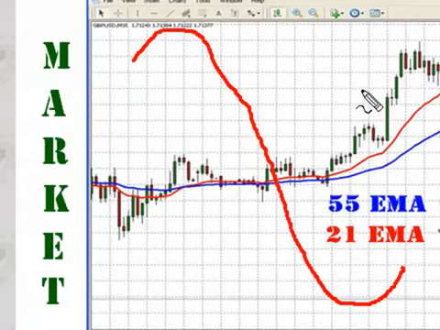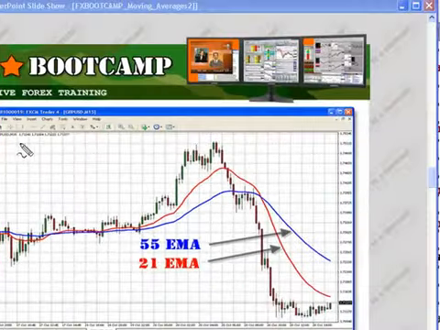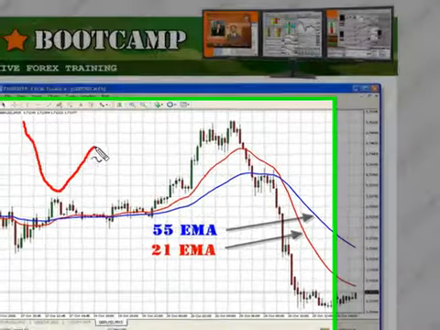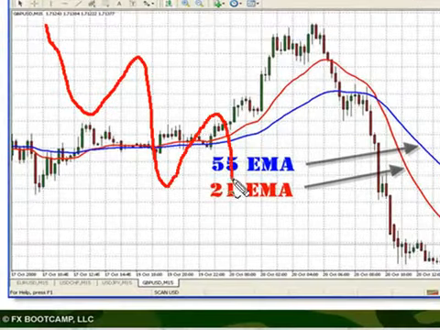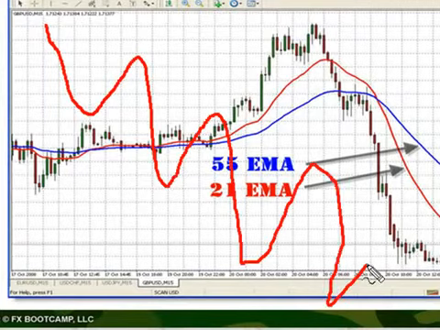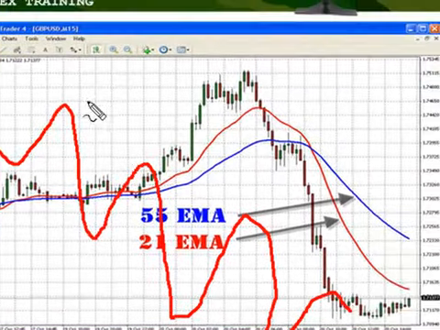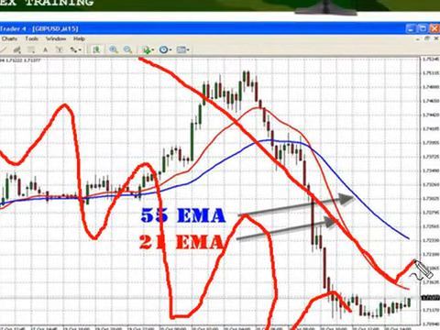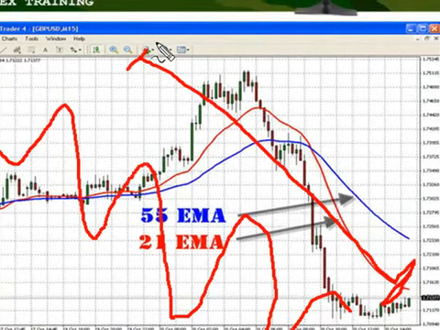Yeah, but when the market falls, we know that the definition of a falling market is a series of lower lows, lower highs, lower low, lower high, on and on, right? So even if the market is down, price can still go up. In fact, price goes up all the time in a down market. So that's why I want to separate the two.